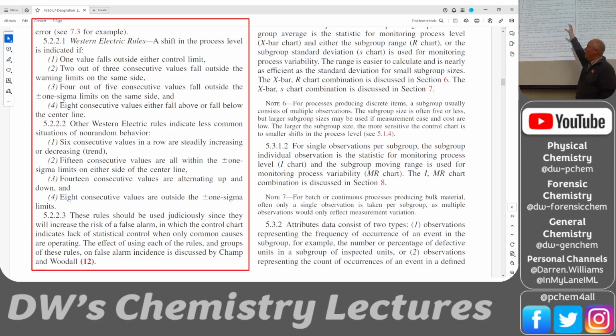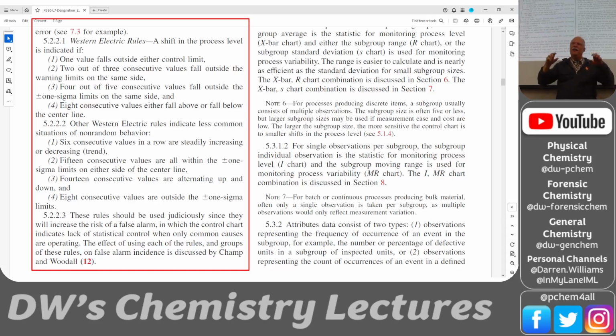So there's a whole bunch of rules here that you could use to determine if something is in control. And it says for standard deviation, let's see. Yeah, rule number 2 here: 15 consecutive values are all within plus or minus 1 sigma on either side of the center line.